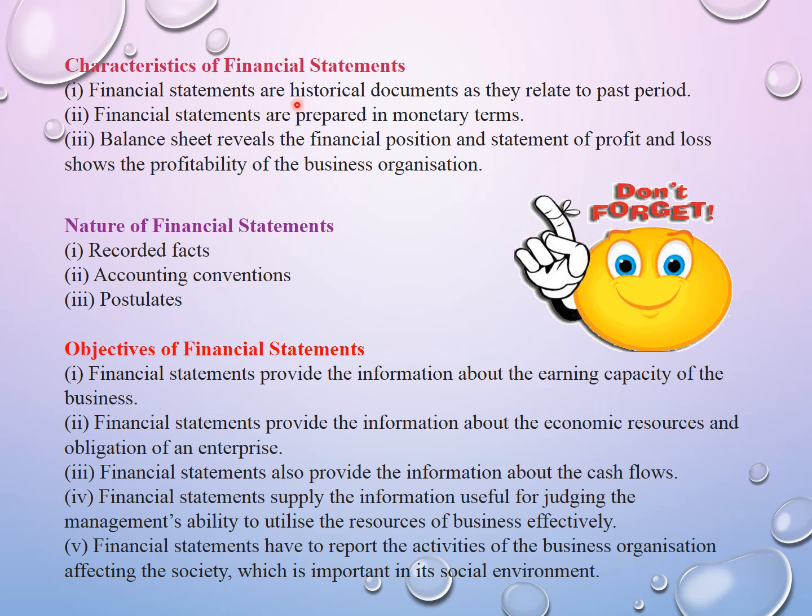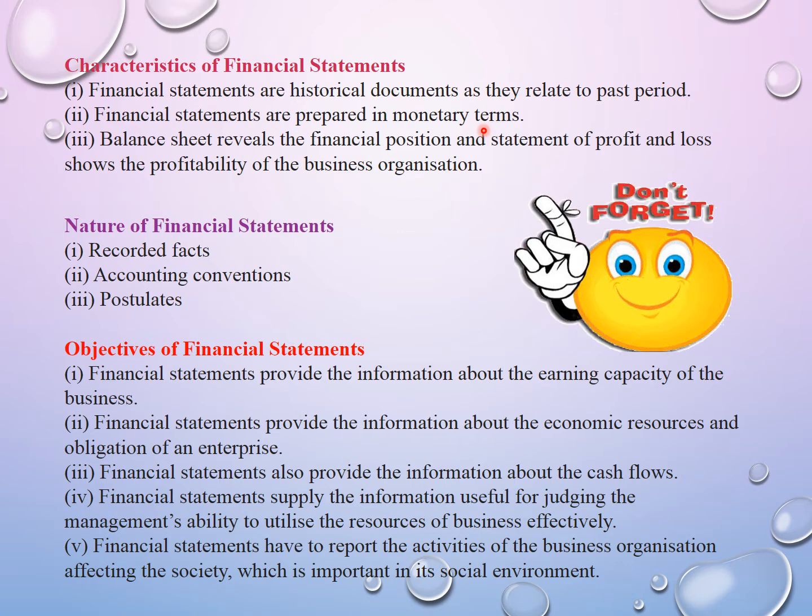Number two, in financial statements we record only quantitative information in terms of money. Anything which cannot be quantified is not recorded in financial statements. Qualitative information like honesty, sincerity, dedication, hard work, ऐसी information financial statements में नहीं record की जाती.